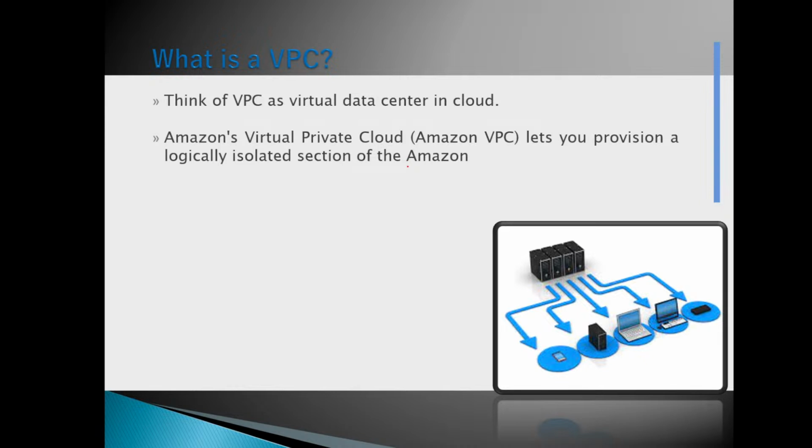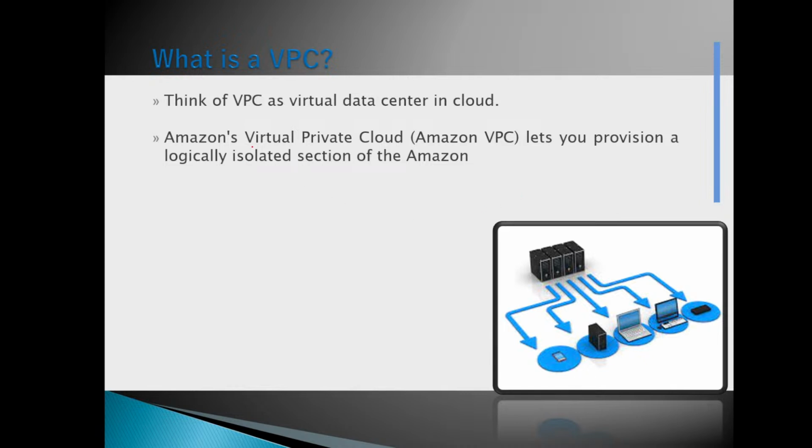So if you are working in a company, or in your college, they have their own network which is isolated from the outside world. Each company has its own network. On-premise it is called VPN, virtual private network.